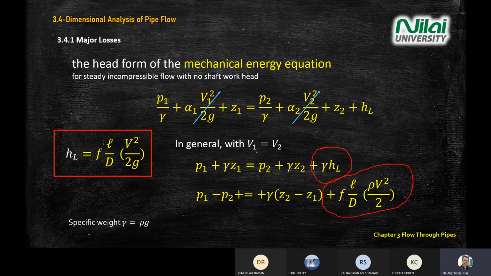It's just substitution. So we just substitute the rho in HL and then we cancel out the same thing, right, sir? Yeah, correct, Raj. I'm asking the same question to Dinesh, but Dinesh seems not able to answer.